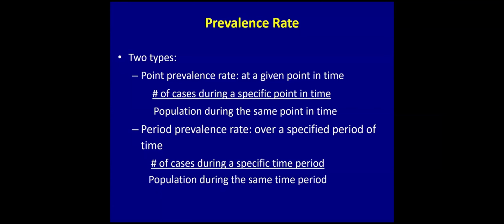Say around 50 people say they had asthma at least once in the last 1 month. Out of 1,000, 50 gives me 5%, whereas in the point prevalence it was just 1%. Here it is almost 5%.